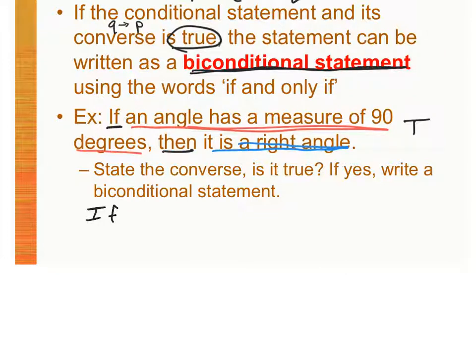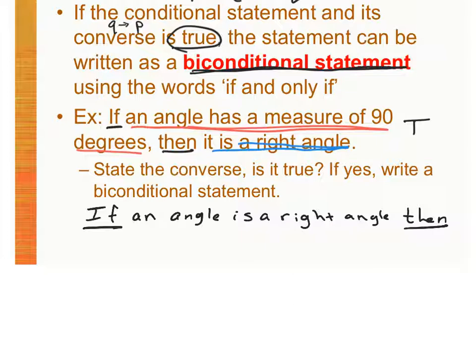Gio, take it. If an angle is a right angle, then it has a measure of 90 degrees. Good. Notice he put the conclusion first: if an angle is a right angle, then it has a measure of 90 degrees.